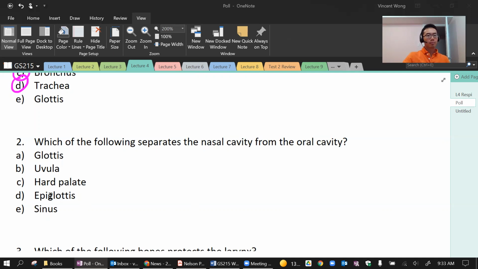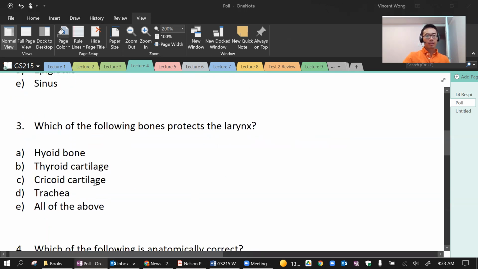Again, most of you got it right. It is the hard palate. It's made of two bones, the maxilla and the palatine. Okay, next one.